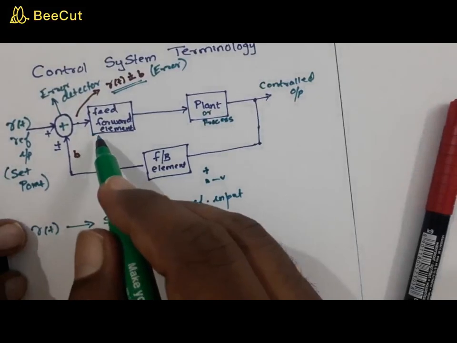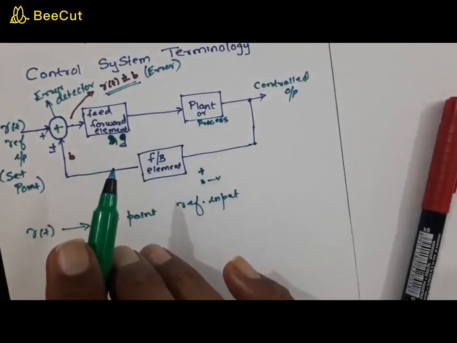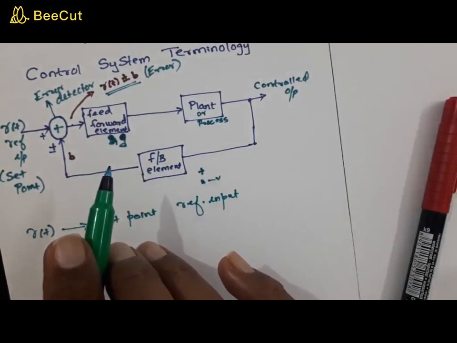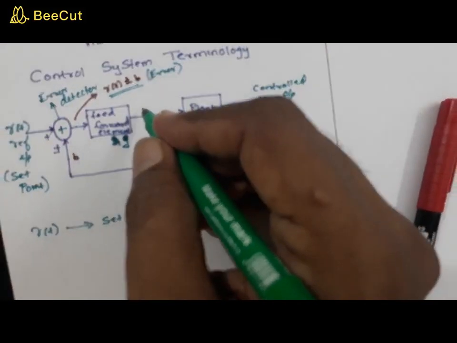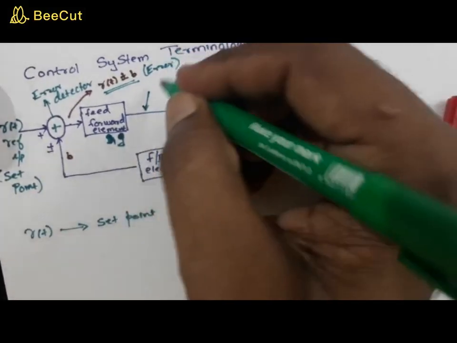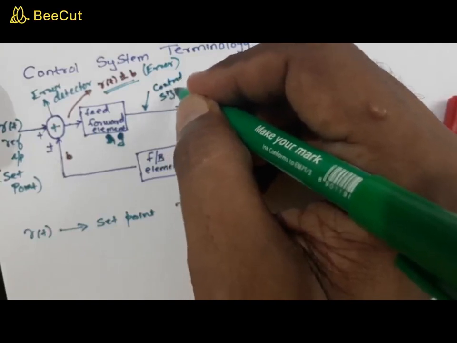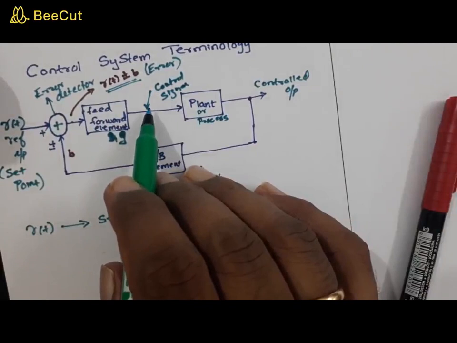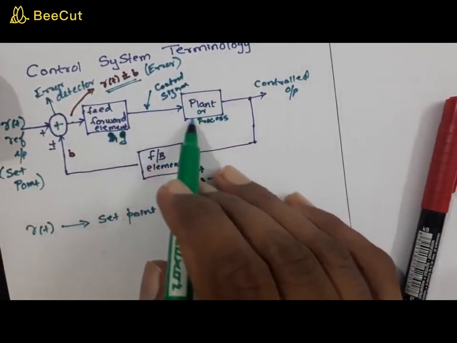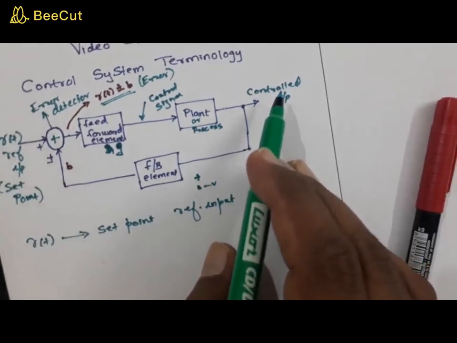Now, this one is the feed forward element, and the feed forward elements are the components of the forward path that generate the control signal U. The feed forward element generates the control signal so as to control this plant, thereby getting the controlled output. Okay, is it clear?